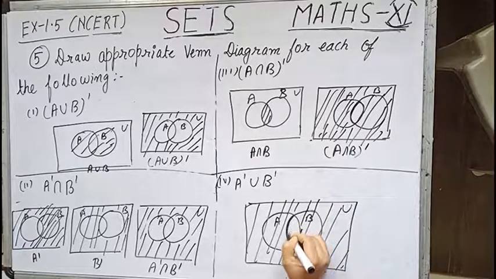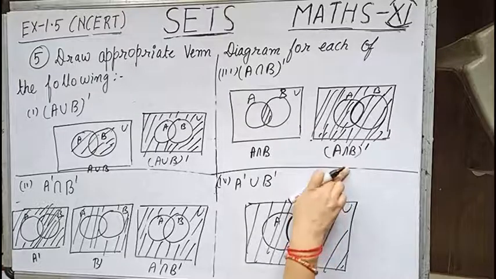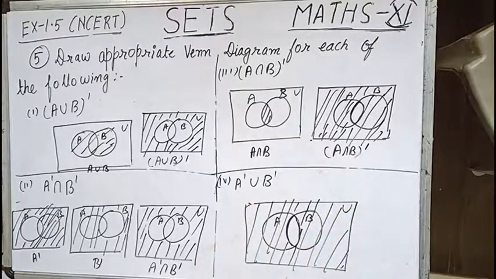Only this portion will be left unshaded. You can see over here (A intersection B)' is A' union B'. Let us proceed to question number 6 now.